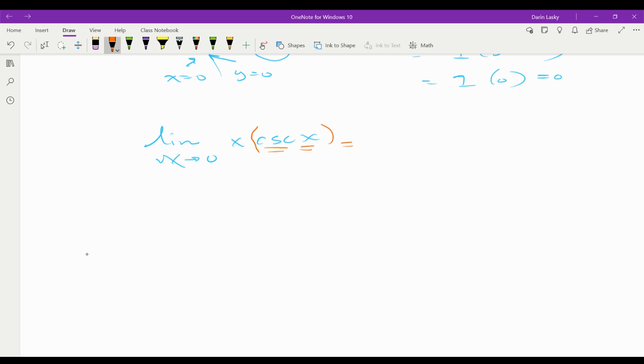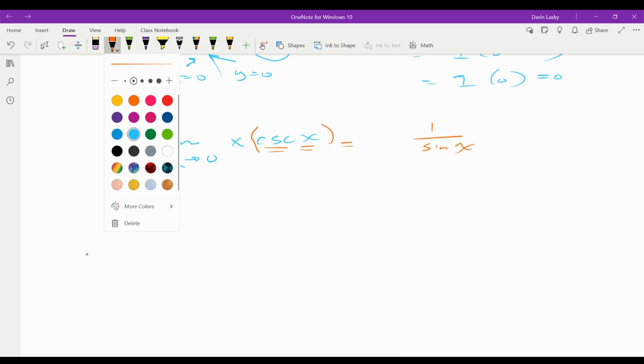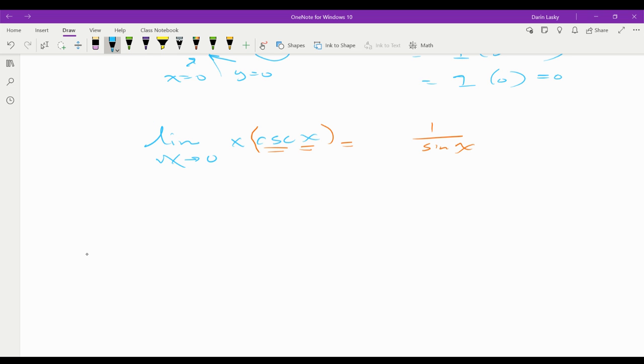So we get 1 over the sine of x out of that, and then my x is still left here. Okay? So at this point, don't forget this is over 1.